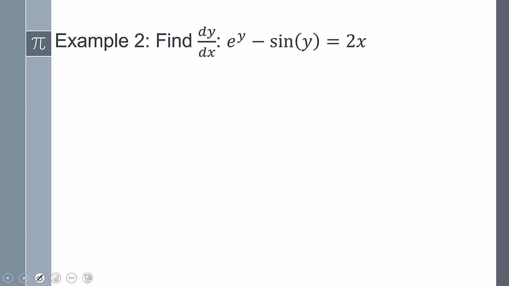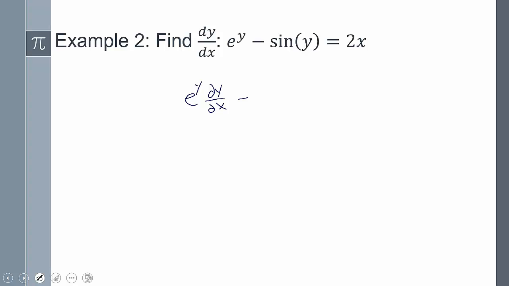Example number 2. Find dy over dx of e to the y minus sine of y equals 2x. So taking the derivative with respect to x, the derivative of e to the y is e to the y, but the derivative of that y is going to give us 1 dy over dx, minus the sine of y.